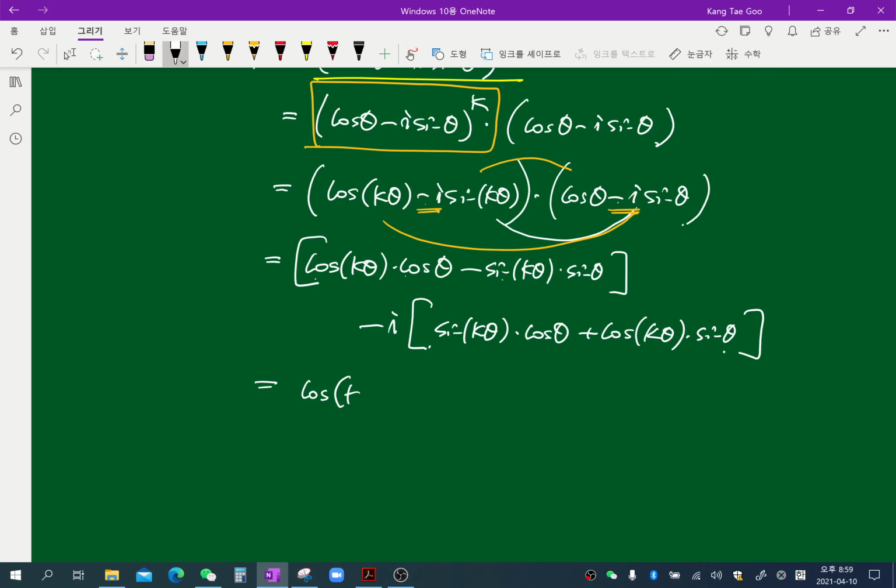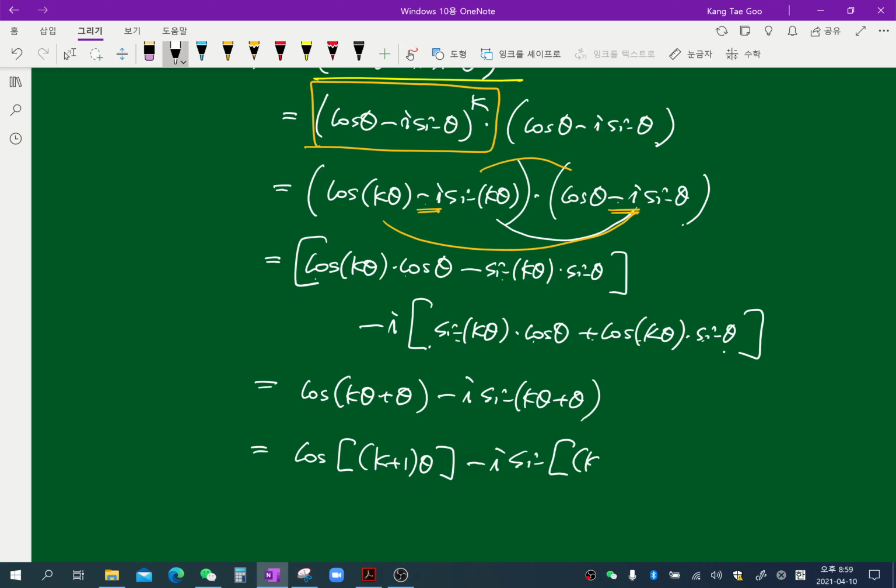Cosine of k theta plus theta, minus i sine of A plus B, k theta plus theta. Then I can say cosine of (k plus 1) theta minus i sine of (k plus 1) theta. There's your right hand side. That's why your Pk plus 1 is also true.